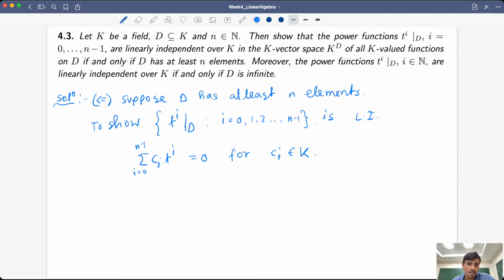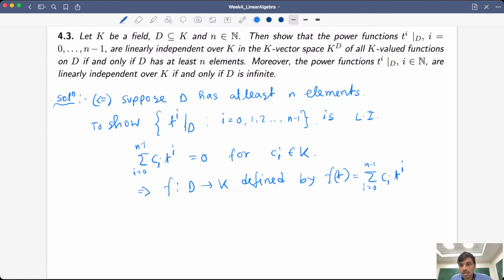So this is a function, let's say f(t). Or let me write it in this form: you have a function f from D to k defined by f(t) equal to the sum of c_i t^i, i equal to 0 to n minus 1.